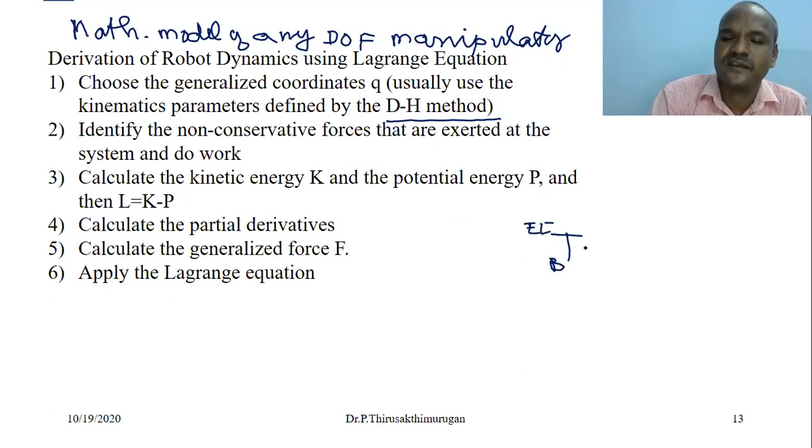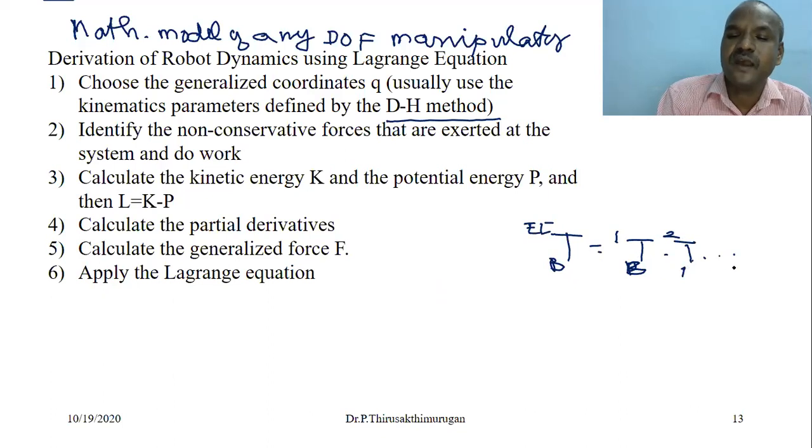If we have an end effector, this can be written as a chain link model: base to first link, first link to second link, etc. Right? So this way also you can generate the generalized model. Okay, first thing is choose the generalized coordinates Q. How many Q's are there?